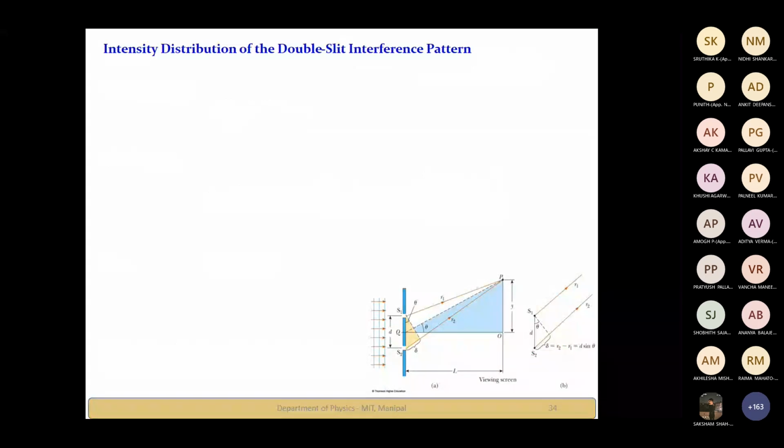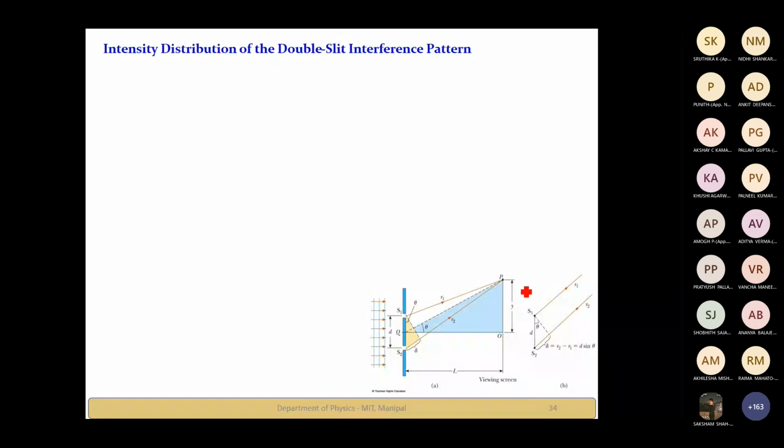So, intensity distribution of the double slit interference pattern. You need to look at an equation which can describe how the intensity is distributed in the case of a double slit interference pattern. You can see the double slit arrangement given over here, and we all know that along the screen you have alternate bright and dark fringes which are formed. All of the bright or dark fringes are of equal width, right?